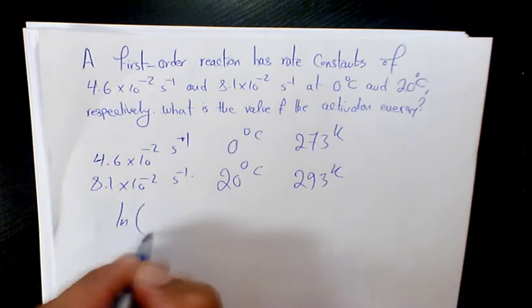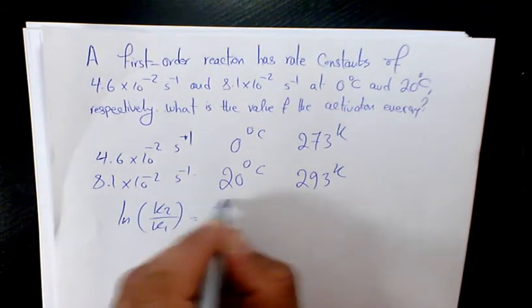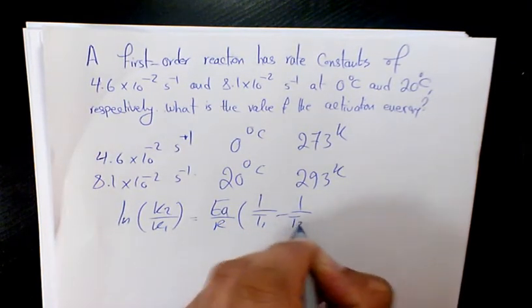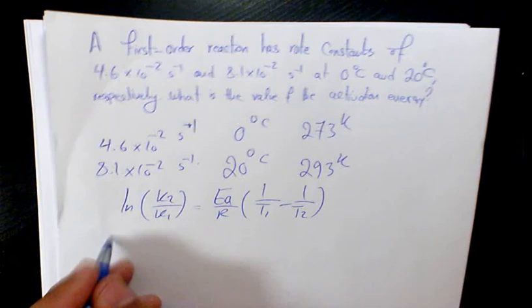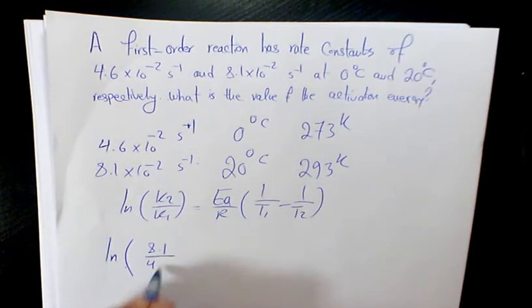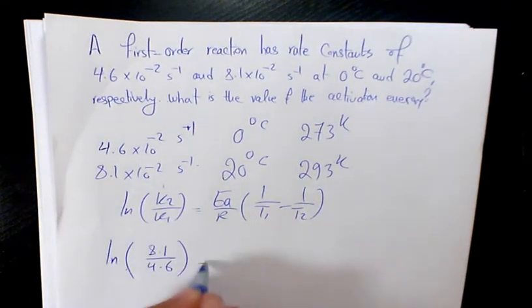So ln k2 over k1 equals EA over R times 1 over T1 minus 1 over T2. So we have ln of 8.1 divided by 4.6, because 10 to the power of negative 2 and negative 2 cancels out.